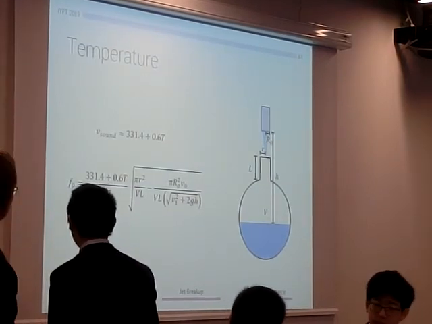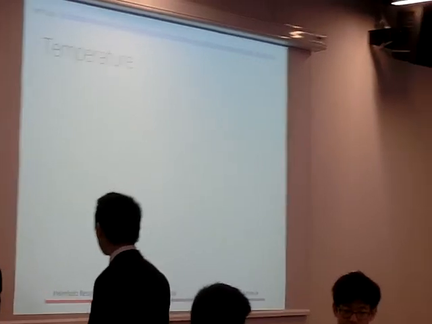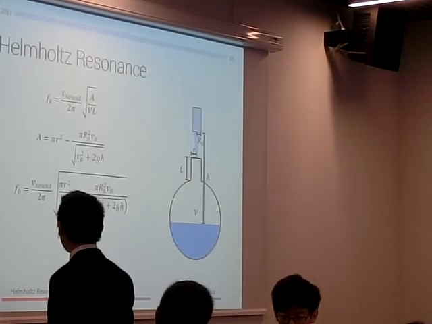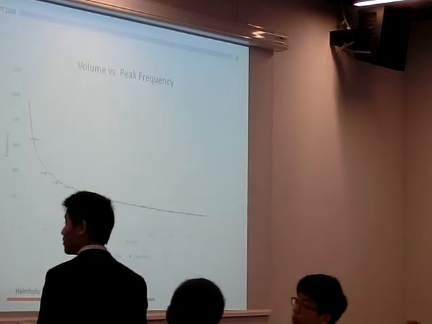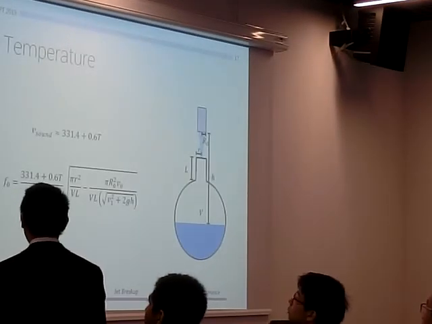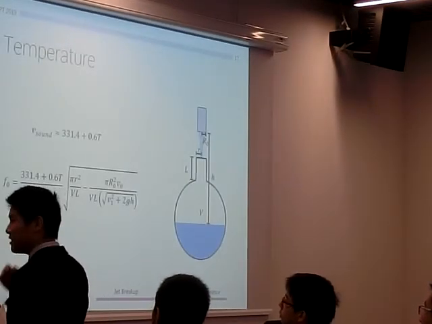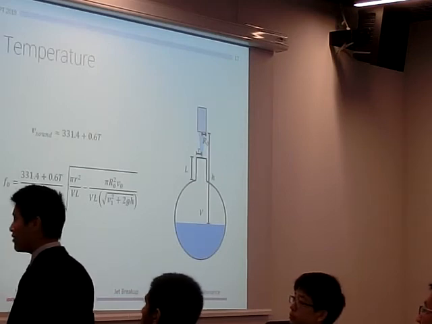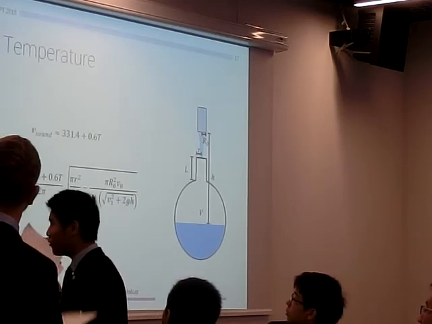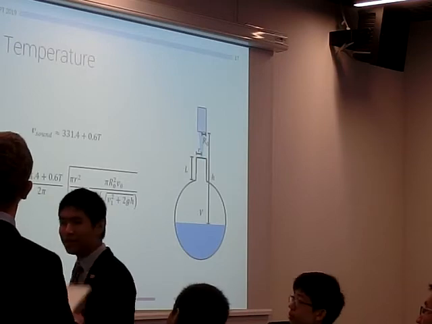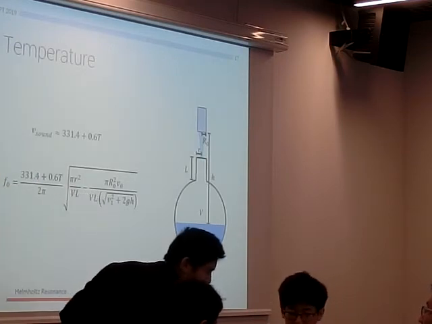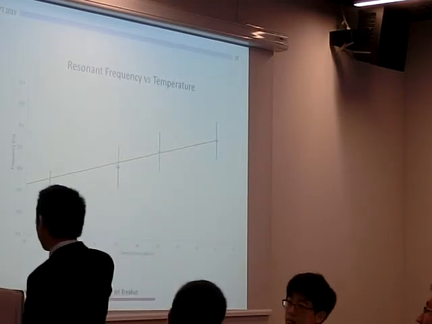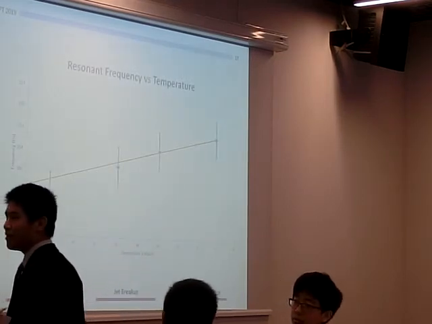Maybe if you go even in the original Helmholtz formula. And yeah, this is affected by the temperature. Did you discuss how that? Well, the speed of sound is affected by the temperature. Yeah, it is, and the speed of sound is approximately 331.4 plus 0.6 times the temperature. Okay, I see. Yeah, and then I go to the next slide. I plotted this out. Okay, with this I see.